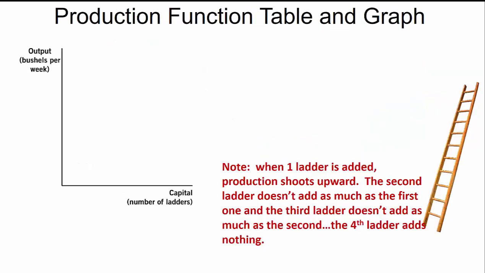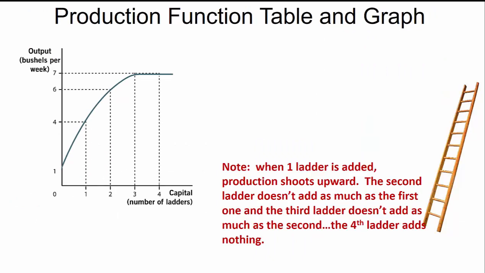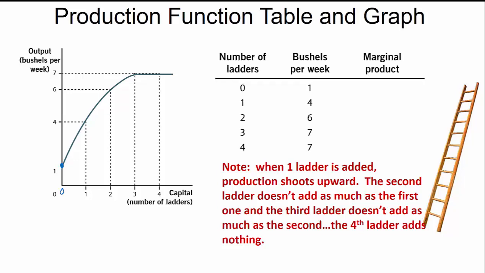All right. So here is Chuck's production function. As you can see, if he doesn't have any ladders at all, okay, that's at this point 0, he can still produce 1 bushel of fruit. Okay, no big deal. Now, if he adds a ladder, his production moves up to 4 bushels of fruit. So the marginal product of the first ladder was 3 bushels of fruit. Okay?